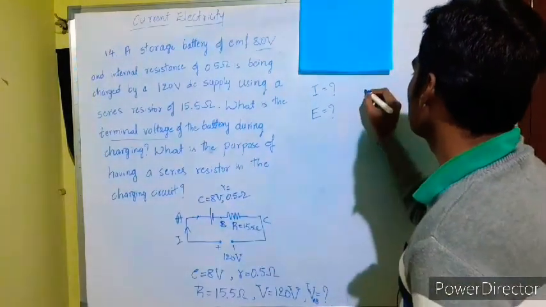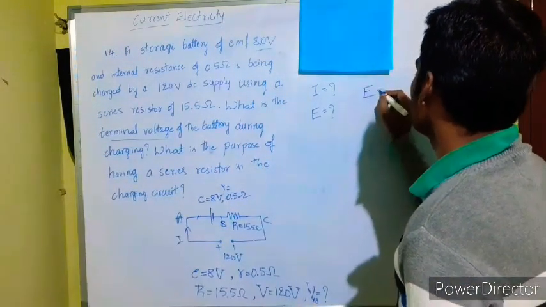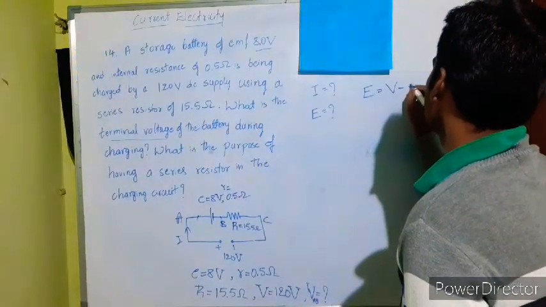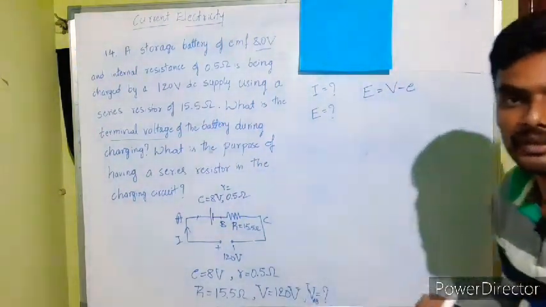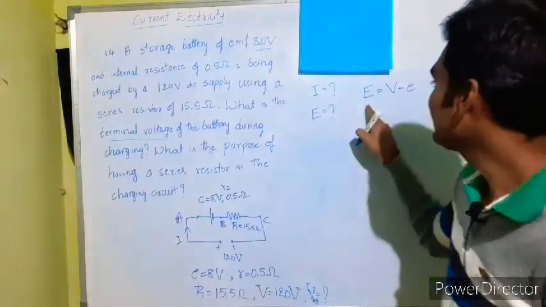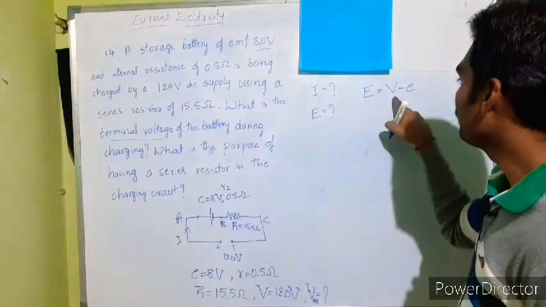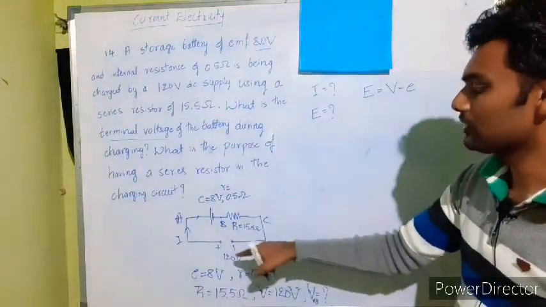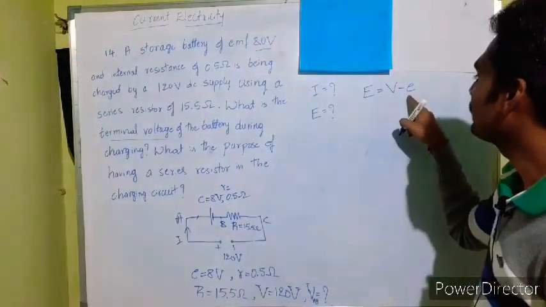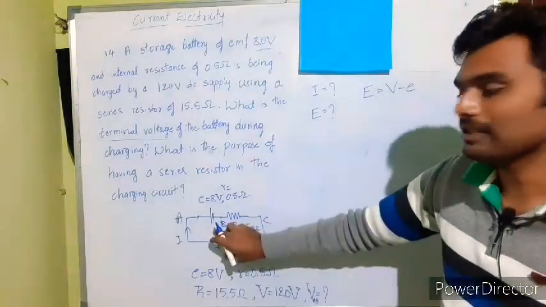There is a relation which is given by E is equal to V minus e. Remember this. So E is the effective EMF of the entire network, V is the voltage supplied, e is the EMF of the battery which is getting charged.